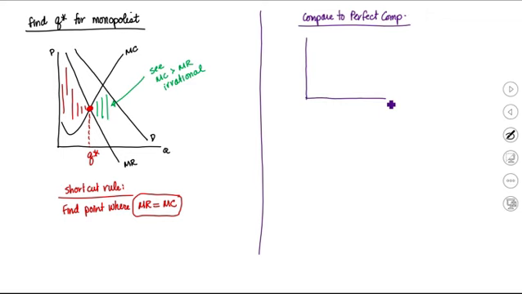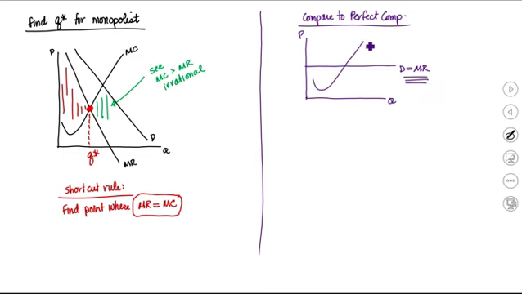So let's go back to perfect competition and let's show that we're doing the same exact thing in perfect competition. We've got our demand curve, which equals marginal revenue. So remember, we've added this on that now we understand that demand and marginal revenue are the same curves.